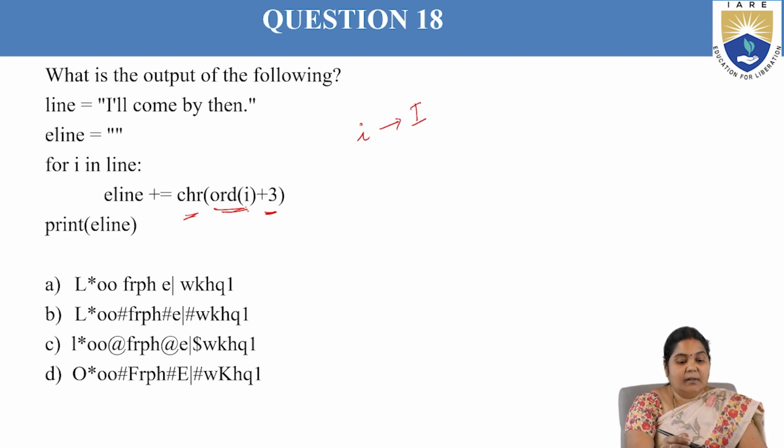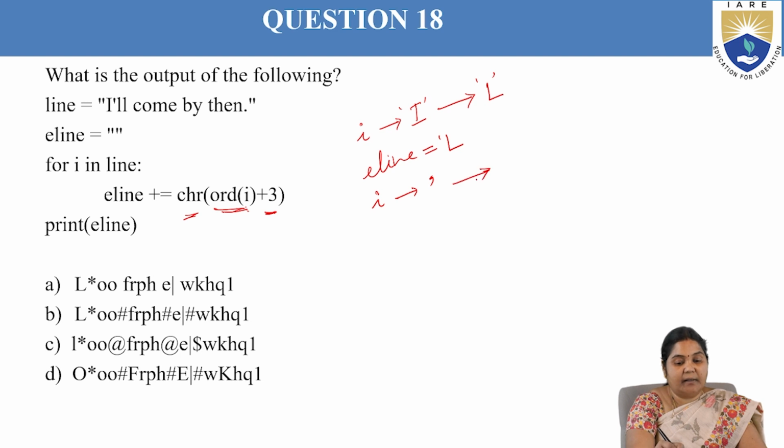So the ASCII value of I will be incremented by 3. After I comes J, K, L. So after incrementing by 3, it becomes the character L. That is appended to E line. So E line now contains L as the first character. Next, I becomes an apostrophe.